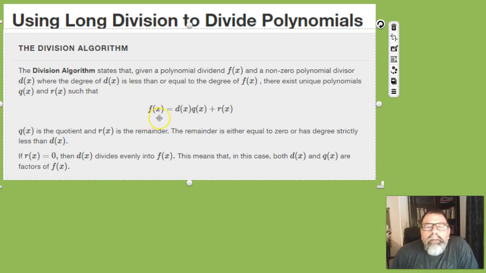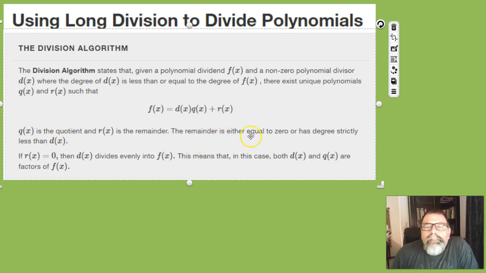So basically, we have our function. If we divide it, it's the divisor times the quotient plus the remainder. So q of x is the quotient, r of x is the remainder.